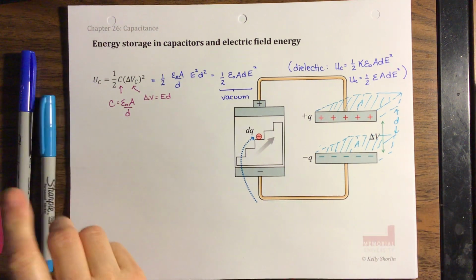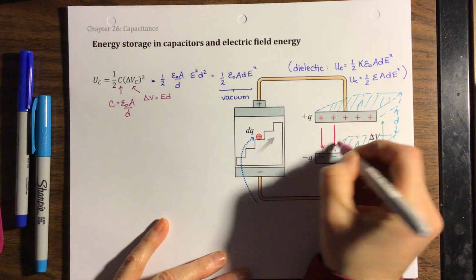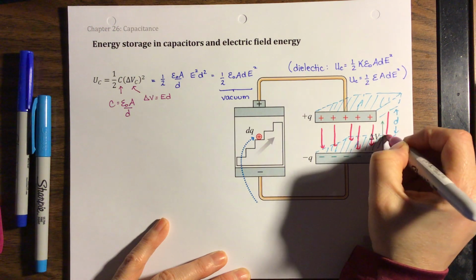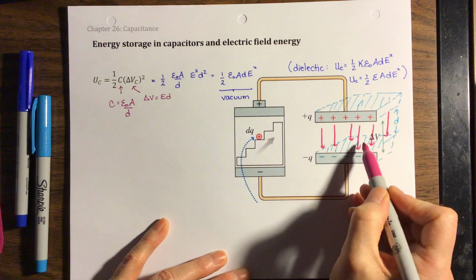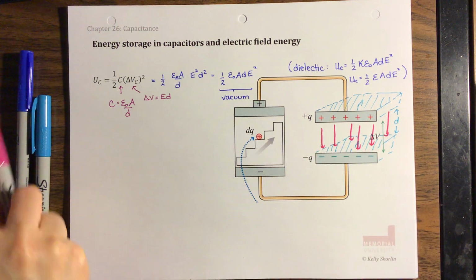That's an interesting result. The other thing is that the electric field goes from the positive to the negative between the plates of the capacitor. So A times D is the volume between the plates. That's the volume where the electric field is.